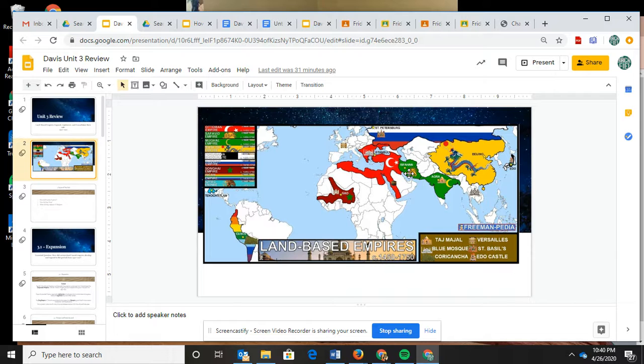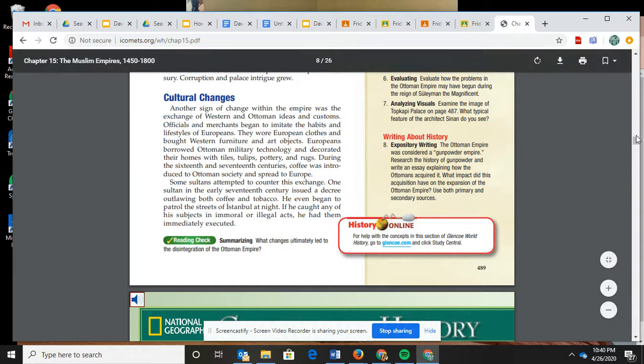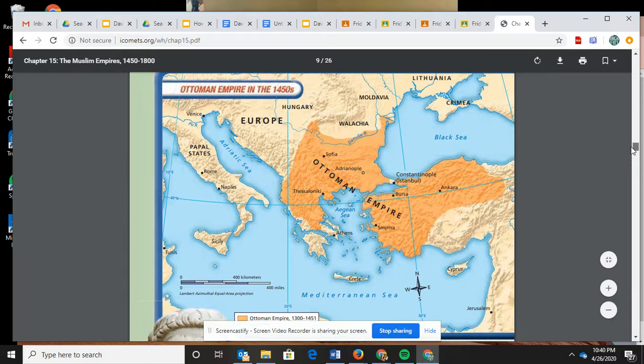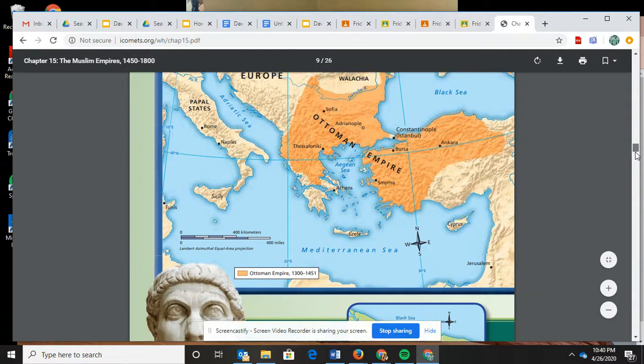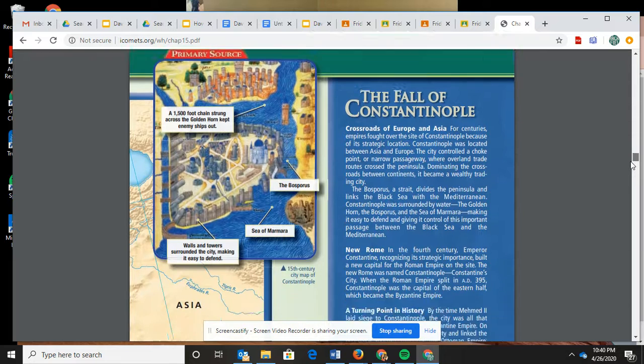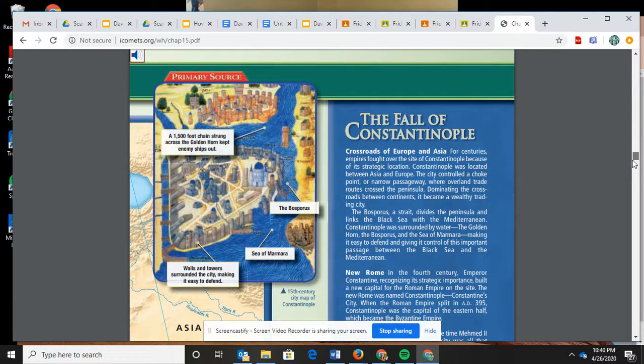Let's move on to the Safavid Empire. The Safavids are the Ottomans' next door neighbor. They are Shias. There's a good map of the Ottoman Empire prior to the siege of Constantinople. We've already seen this picture before.